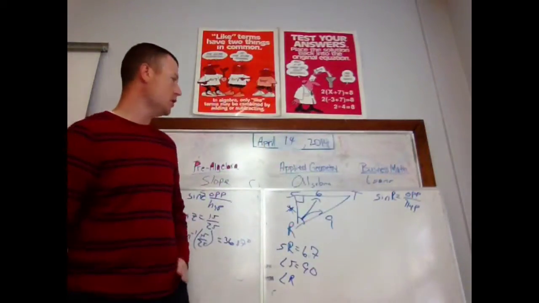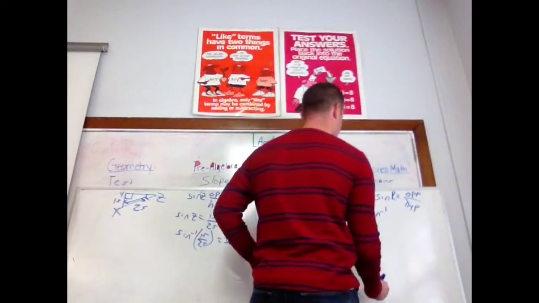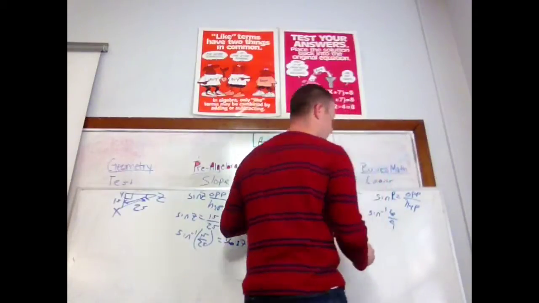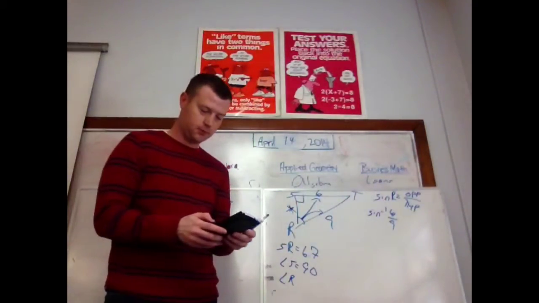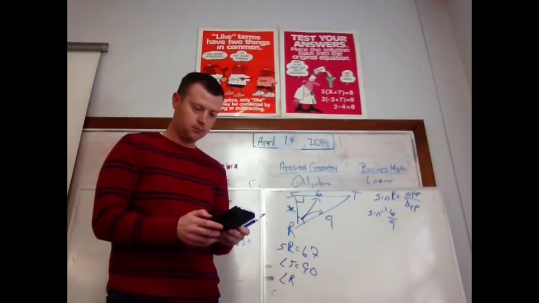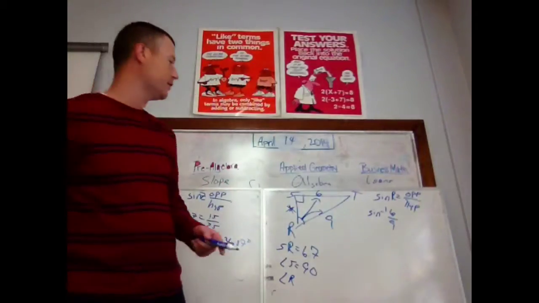Alright, sine r. So, therefore, we put sine inverse. Opposite is 6 over 9. So what do we do? Sine, second sine, 6 divided by 9. And we get 41.8 degrees.